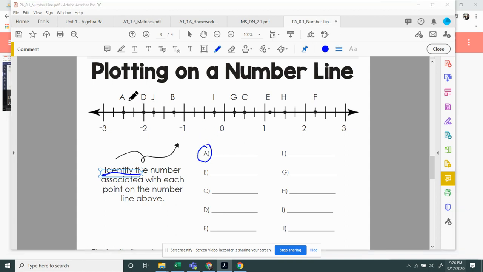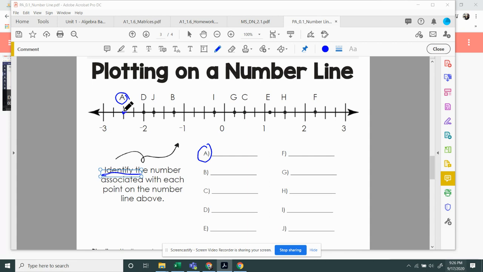So if I look up here, I have A right here. Let's see what that is. Here's my 0, -1, -2 is here, -3 is here. Between -2 and -3, this unit is divided into 4 parts, and point A is right in the middle.